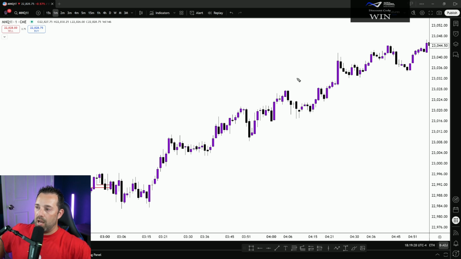And how do you identify a shift? Well, each time you make a swing low, meaning the low of a candle, the lowest point, a swing low would be when the candle on the right and the candle on the left are both higher than this one. So a swing takes 3 candles.